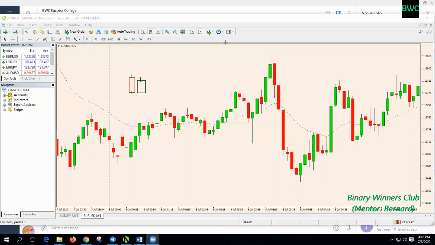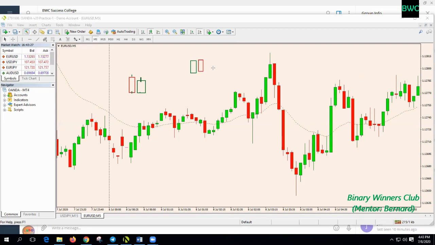When you have this kind of pattern, somewhere here, followed by a red of any size, that is also a 2 bar reversal candlestick pattern. Are you following, guys? So it can also engulf. It can engulf, it may not engulf, so long as, call it color change. Call it a change from red to green or green to red.